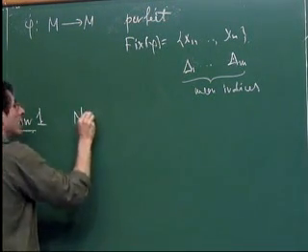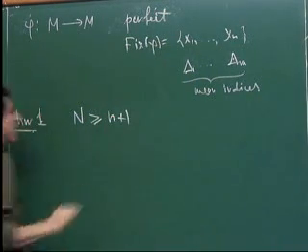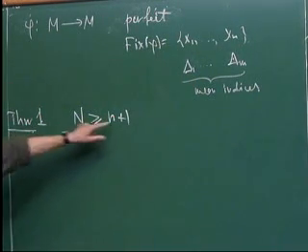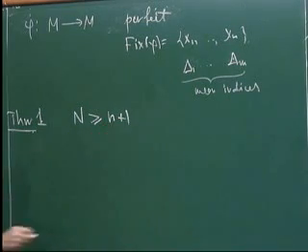Let's assume that the minimal Chern number is sufficiently large, at least half of the dimension plus 1.